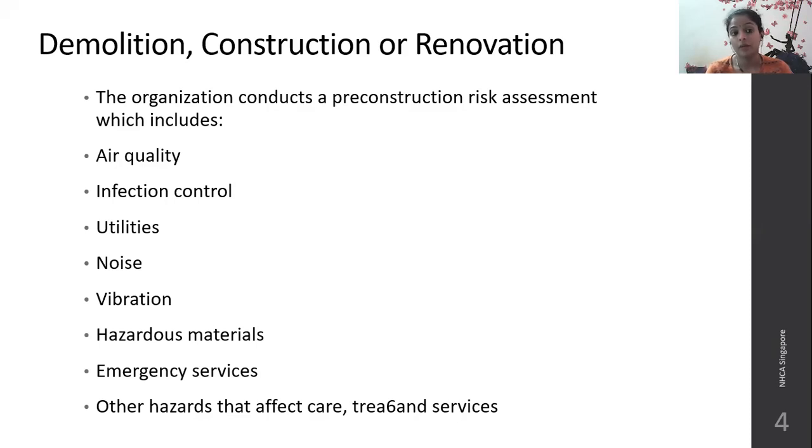Noise: obviously, when demolition and construction is going on, noise and vibration will hamper the patient's overall general satisfaction, etc. Hazardous materials: if demolition and construction bring hazardous material into the premises of the hospital, for example, some radioactive materials or any other construction materials which may pose a hazard within the hospital premises, such risk assessment should be done.